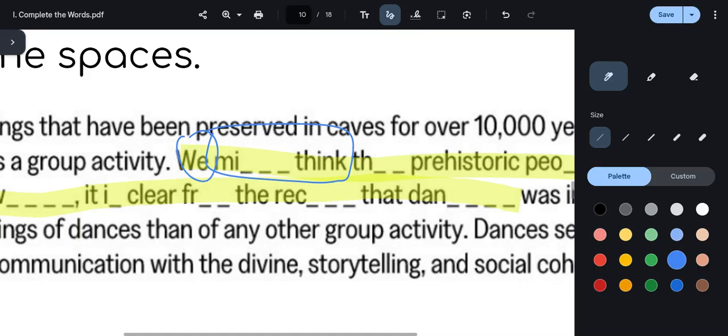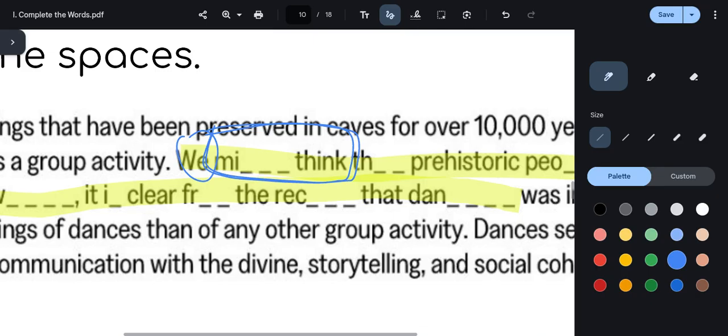So we get the meaning from the context, maybe from real life context, like presence context, or maybe from surrounding words, like verbal context. So once you read this, you may already know the answer, right? But this is a very common expression. It's not we Mike think, it's not we Miles think. We don't talk like that.